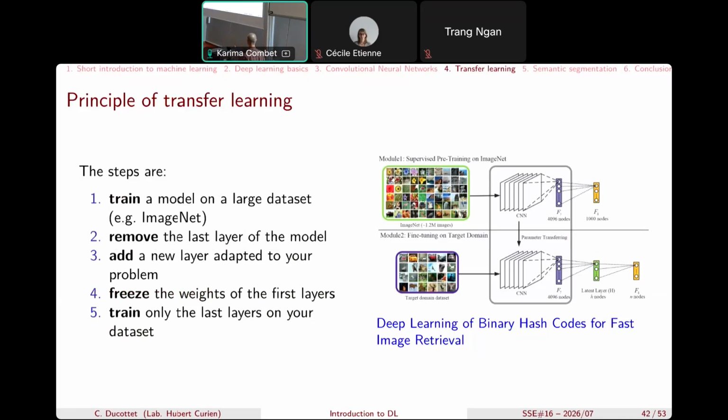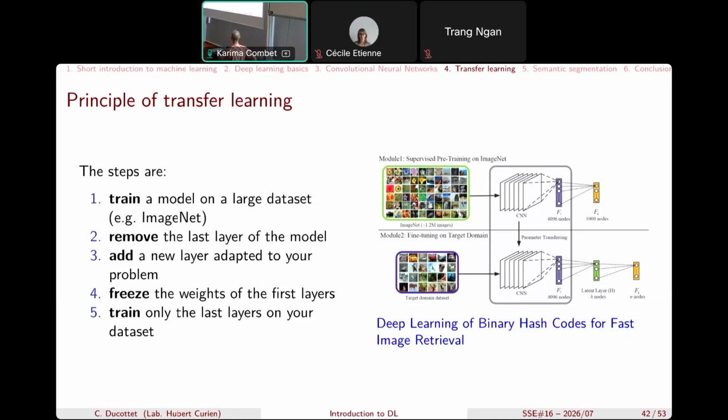This is a big problem. If we have very few images, we will not be able to train the whole architecture because we don't have enough images to train. We will have overfitting. It will not work. So how can we solve this issue?